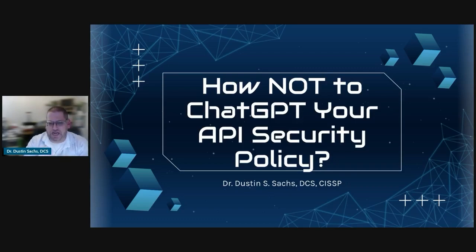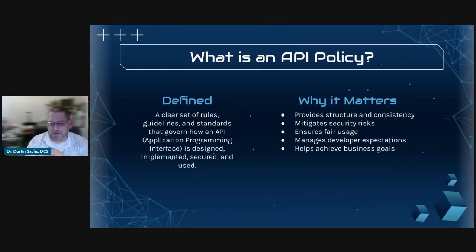There are ways, certainly, to use it. So today, what we're going to talk about is what makes a good API security policy and why Gen AI may not be the end all be all when it comes to writing your policies.